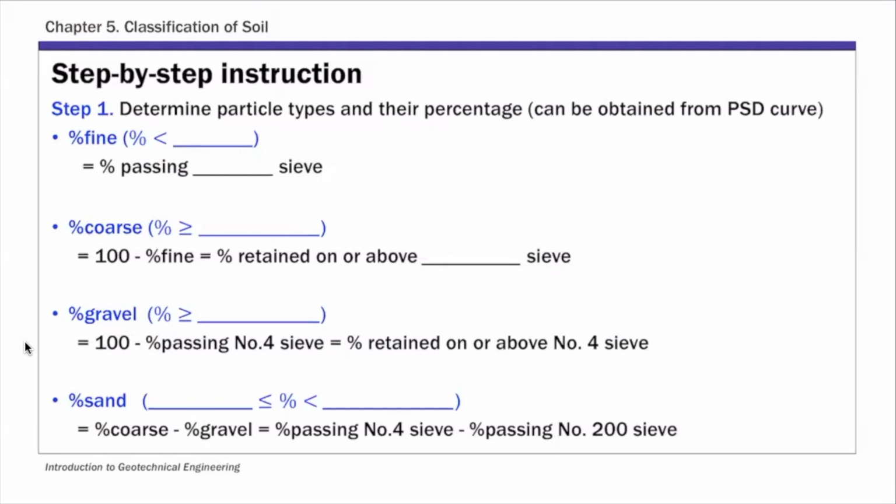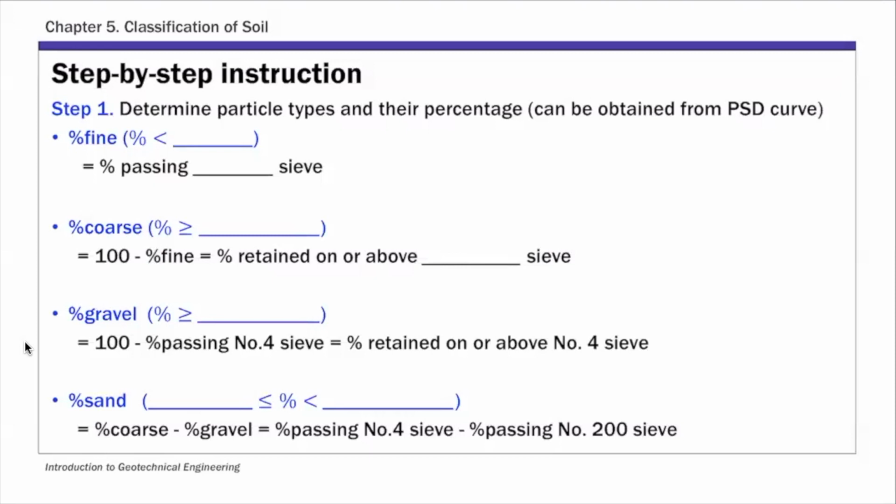One is you are given a PSD curve, and you obtain these percentages directly from the curve. The other scenario is you are given the sieve analysis data directly, the percentage passing for a specific sieve number, and you can get these percentages from that table as well.